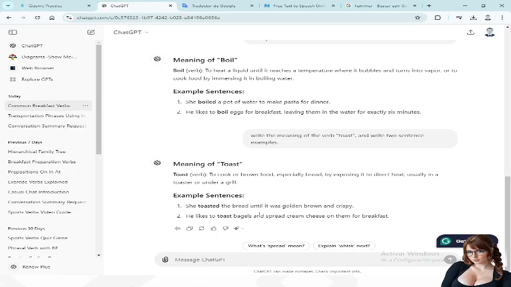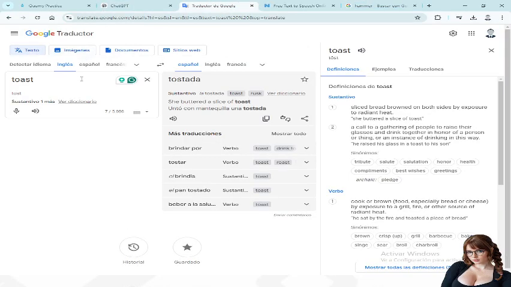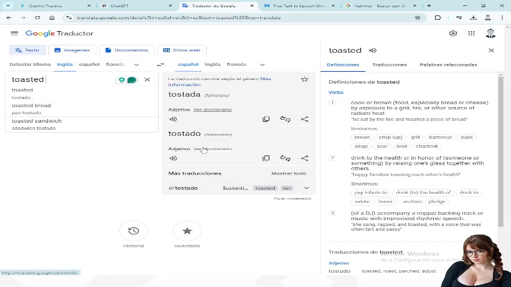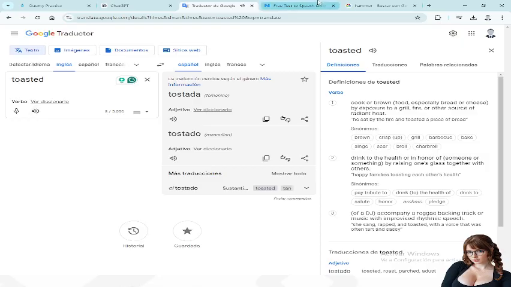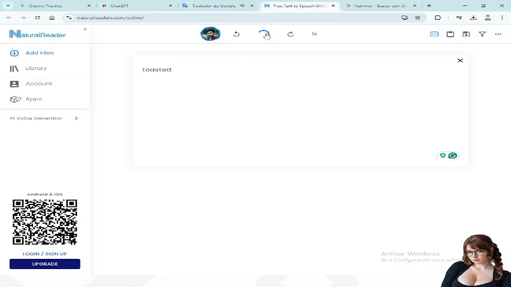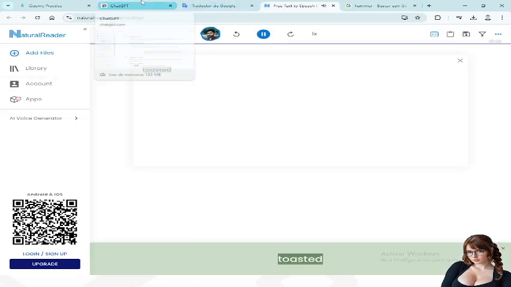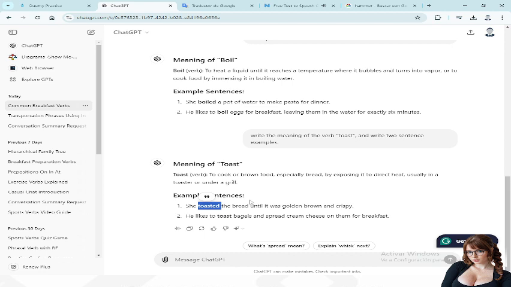Remember that if you have doubts about the correct pronunciation or the past tense of each verb, you can repeat: toasted. She toasted the bread until it was golden brown and crispy.